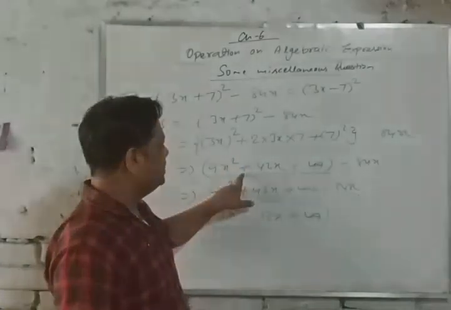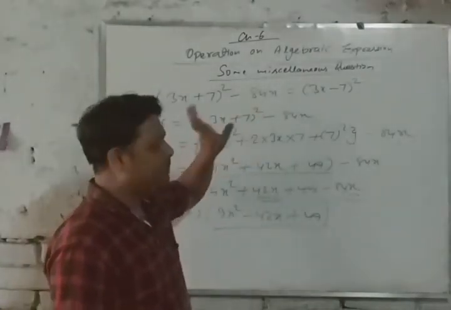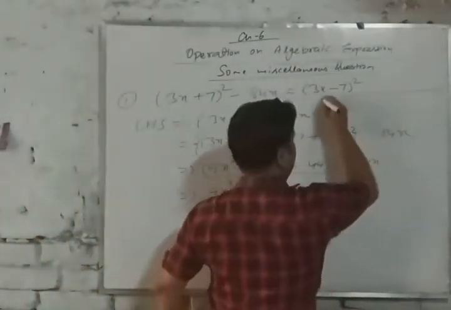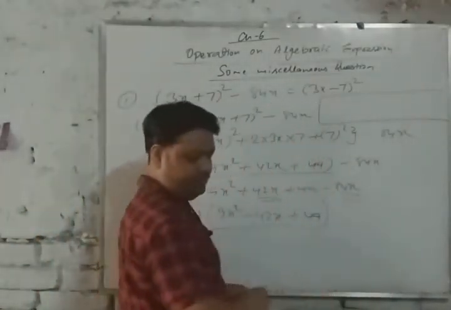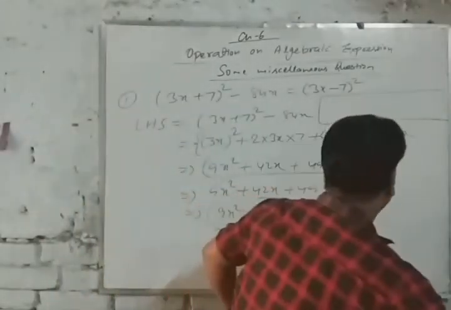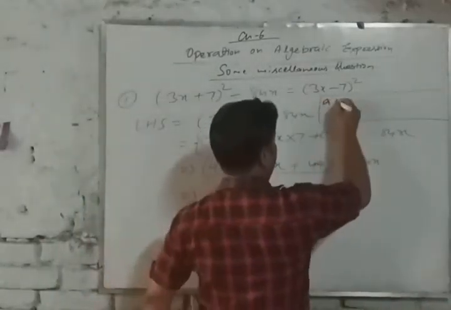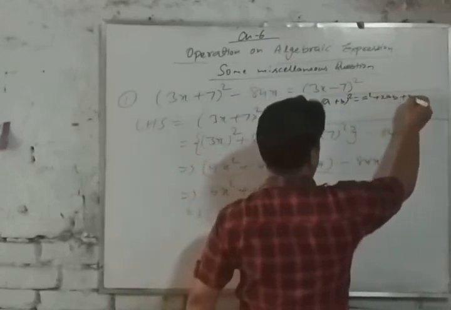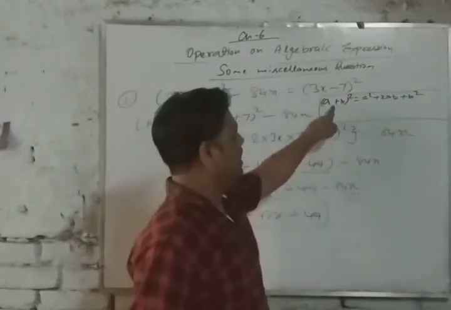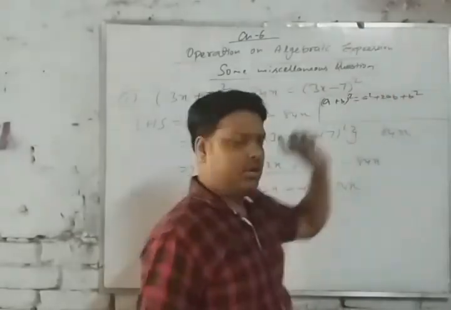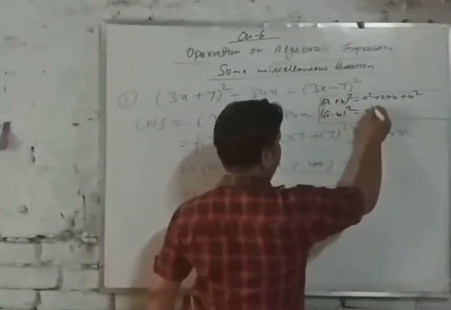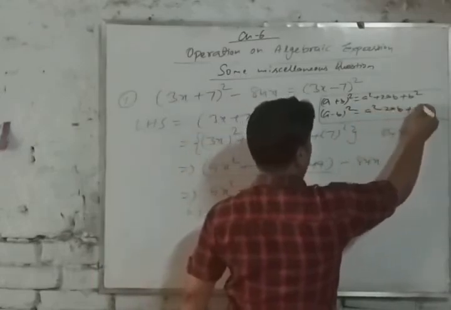If here plus, then it is the formula of (a + b)^2, because (a + b)^2 is equal to a^2 + 2ab + b^2. If here plus, then all plus. Now, if the formula is (a - b)^2, then a^2 - 2ab + b^2.